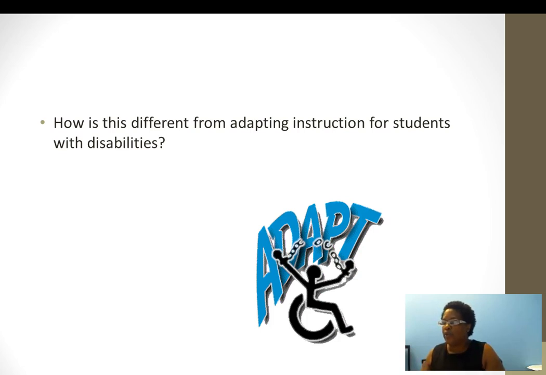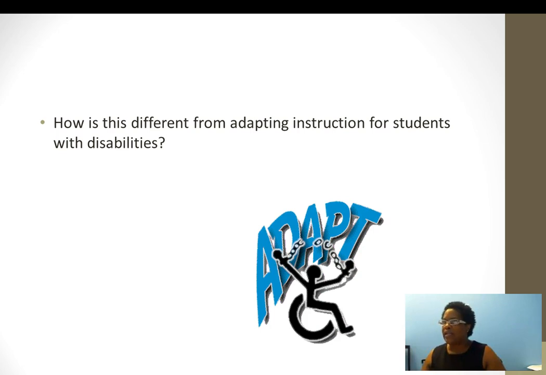And so when we differentiate, the idea is, and you've learned this with CAST, that we start off by trying to meet the needs of a variety of learners. And as we meet the needs of a variety of learners, and we from the start change or add these opportunities and do these things to our lesson, the more we do this up front, the less we have to add additional adaptations for individual students, is basically the concept.